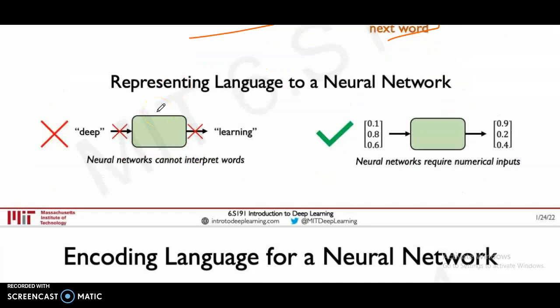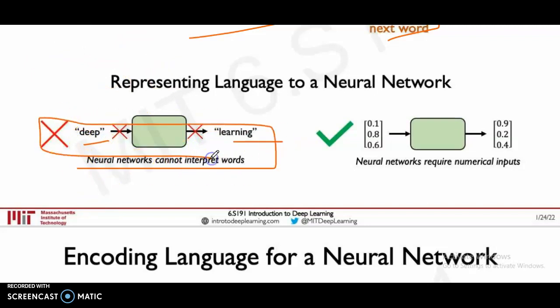Representing language to a neural network. Deep learning neural networks cannot interpret words. Neural networks require numerical inputs.